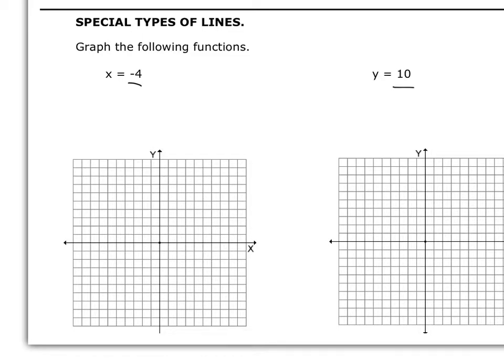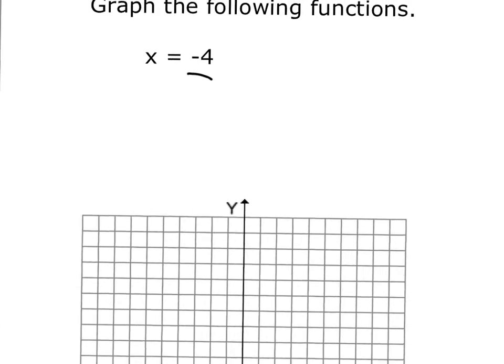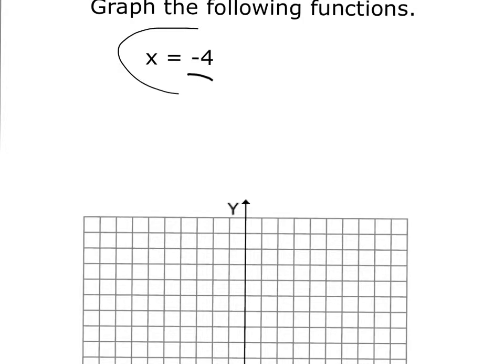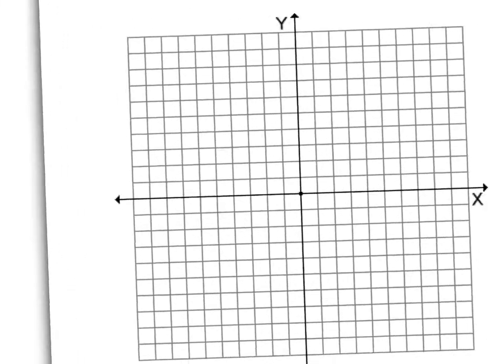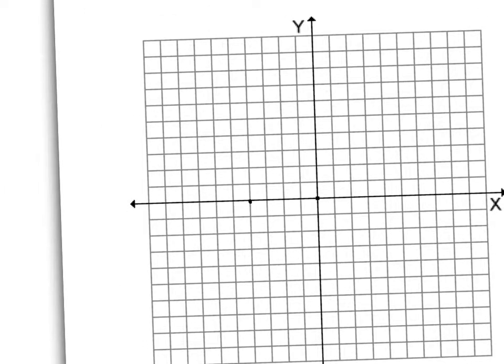So if we look at this, this wants all of the x values that are negative 4. If we go over to our graph on the x-axis at negative 4, you can see this point right here would be the point (-4, 0).